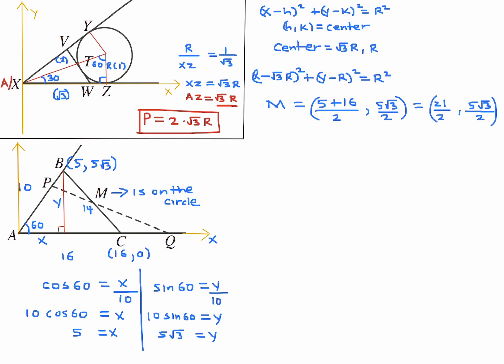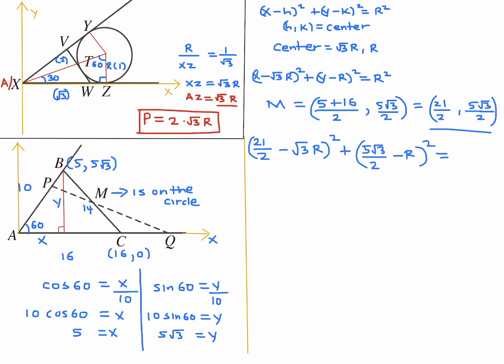And now all I have to do is substitute this point back into my equation of the circle. So that's my final step in this question. So I get (21 over 2 minus root 3 r) all squared plus (5 root 3 over 2 minus r) all squared is equal to r squared.